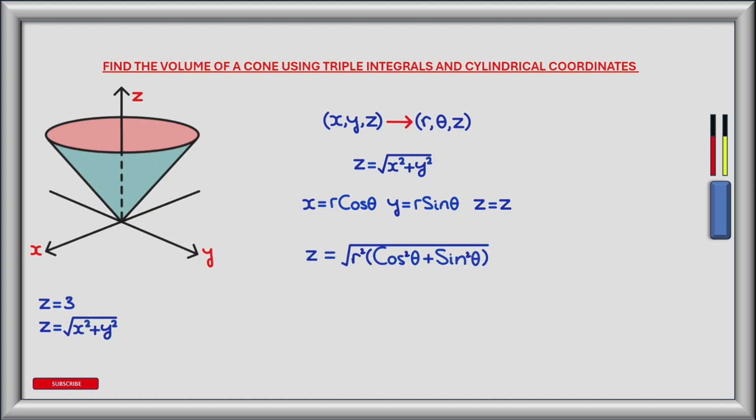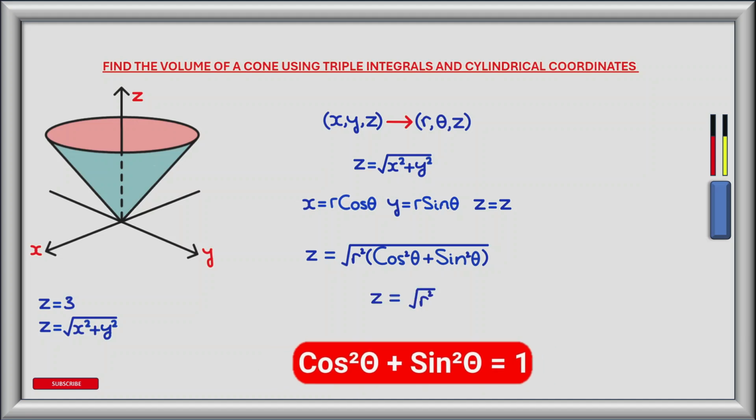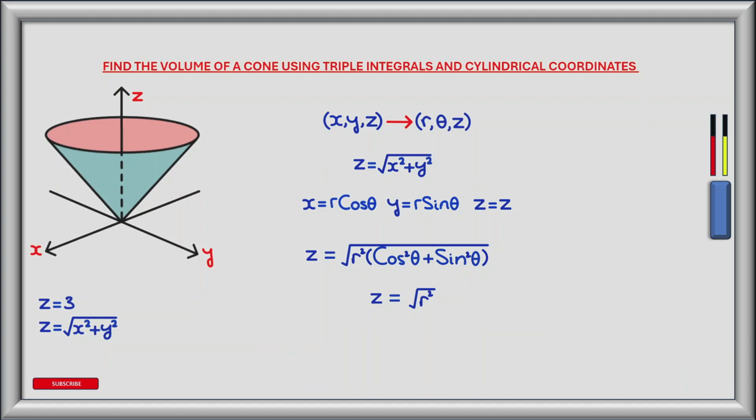So if we make this substitution, we have z is equal to the square root of r squared into the bracket of cos squared theta plus sin squared theta. And using the trig substitution where cos squared theta plus sin squared theta is equal to 1, we have z is equal to the square root of r squared. And taking the positive square root gives z equal r in cylindrical coordinates.